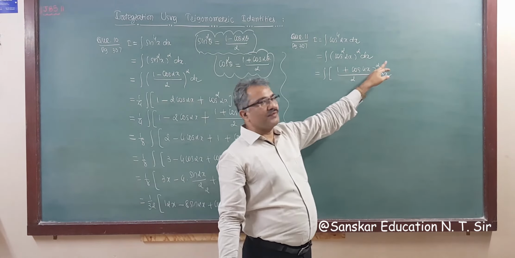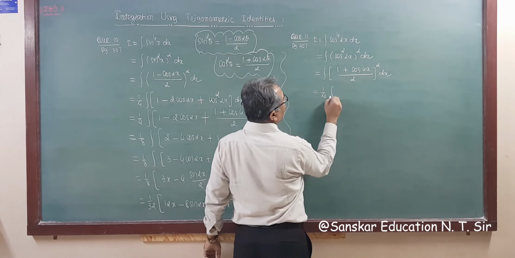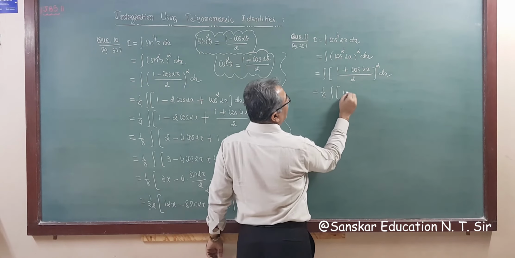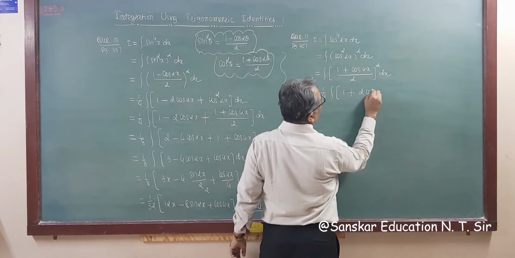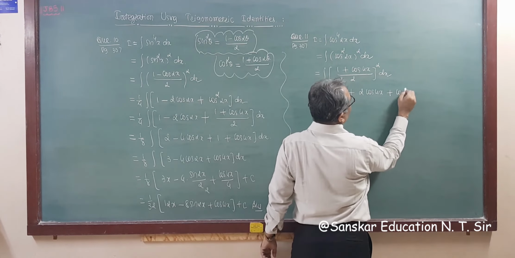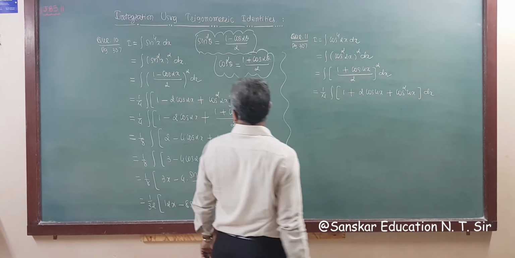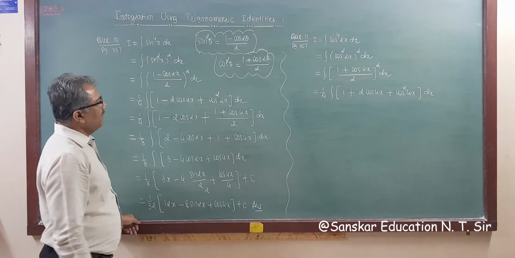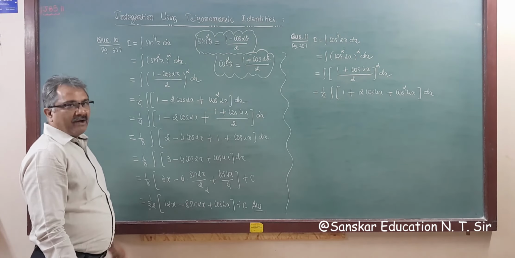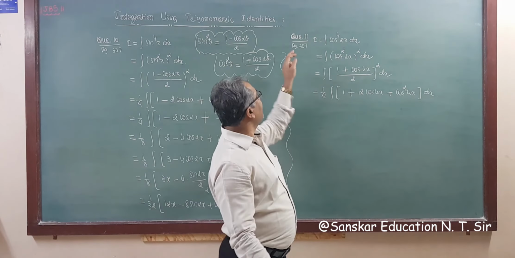Now 1 upon 2 square, that is 1 upon 4. So this is 1 upon 4 integration, expanding this: 1 plus 2 times cos 4x plus square of this, cos square 4x dx, right? Now cos square theta, again the same formula.